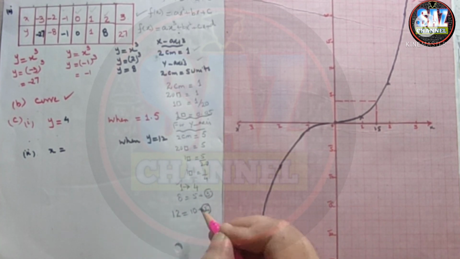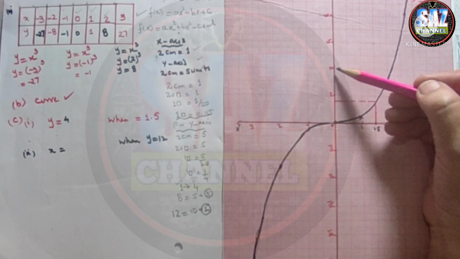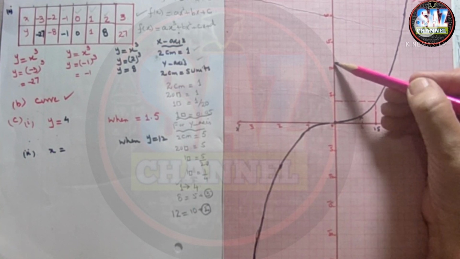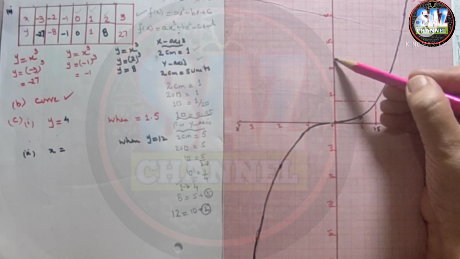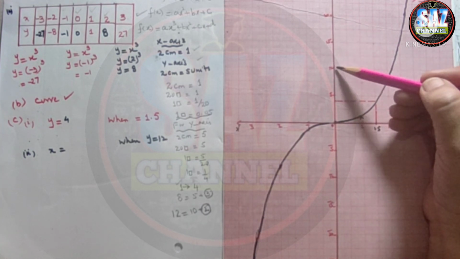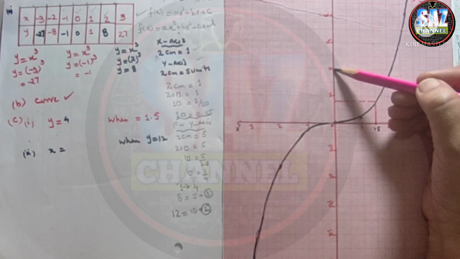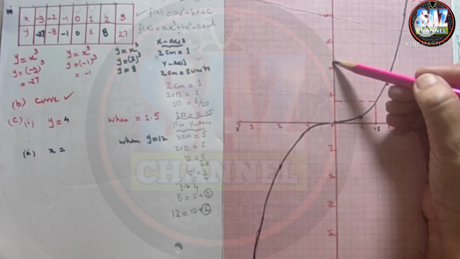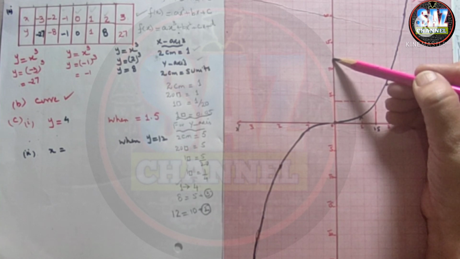So for 2 we need 8 more blocks. So 8 more blocks, 5, 6, 7 and 8. Let me reconfirm this. This is 10 and 5, 6, 7, 8.